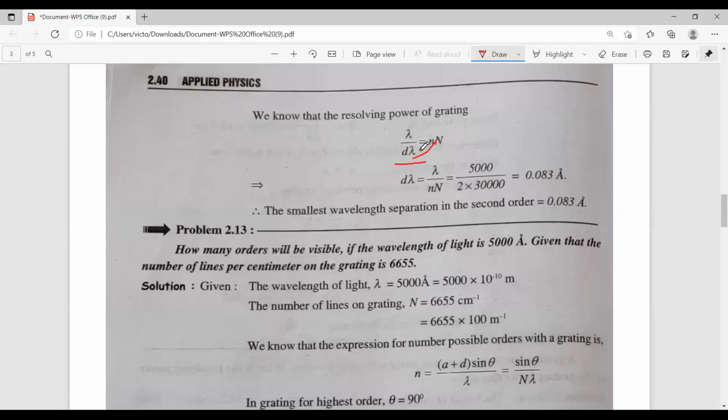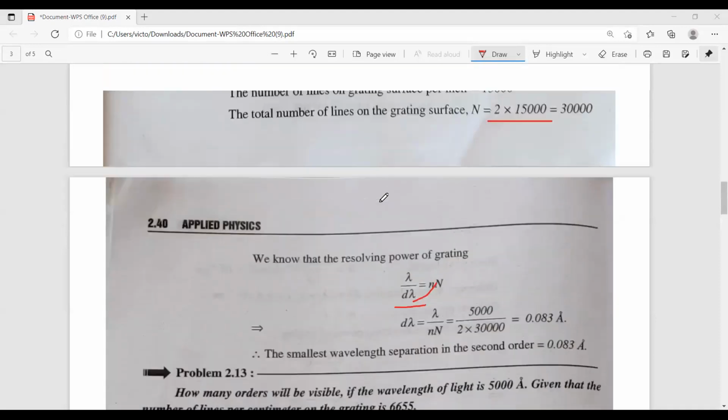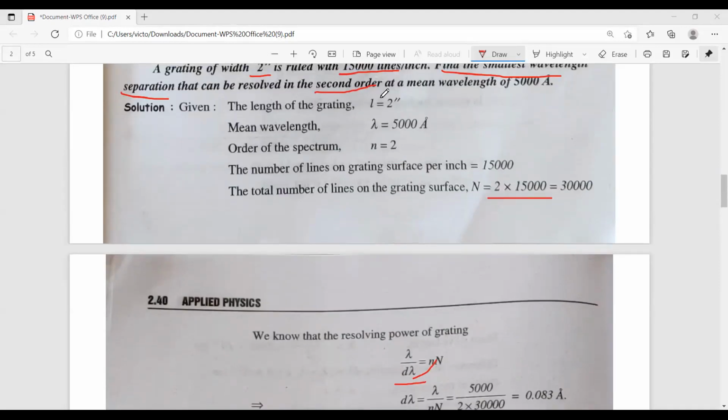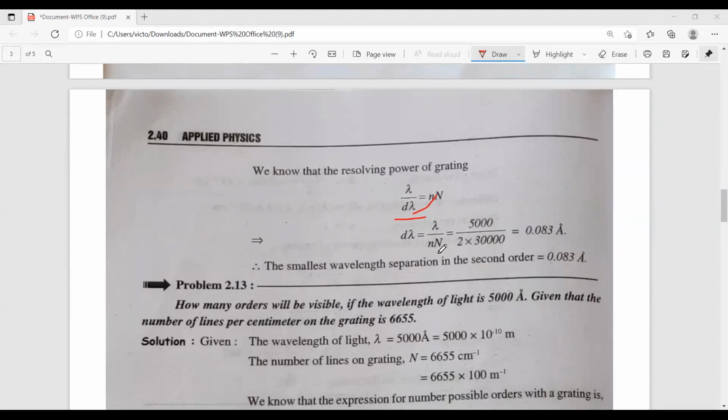By cross multiplying, we get the d lambda expression as lambda by small n into capital N. Lambda is the mean wavelength, 5,000 angstroms. Small n is the second order spectrum here, and capital N is 30,000 lines.